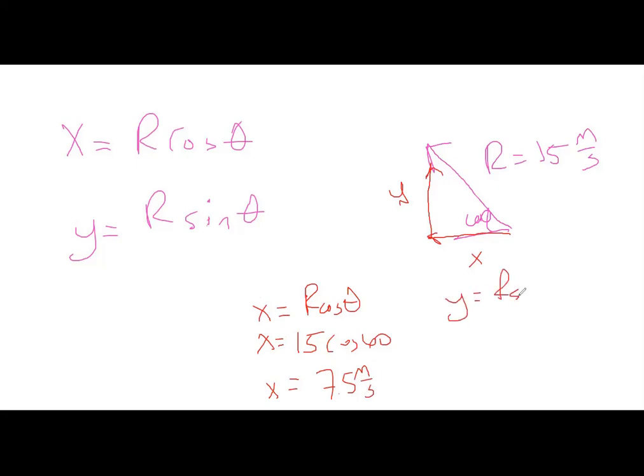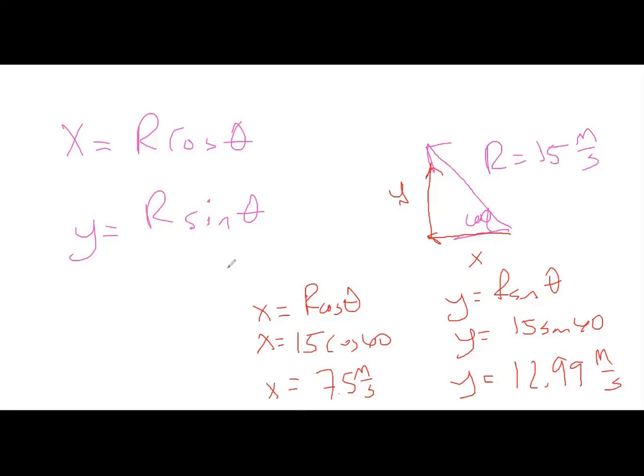And y equals r sine theta, 15 sine of 60, 12.99 meters per second. So this is how we do components. Pretty simple, but you have to be good at it.